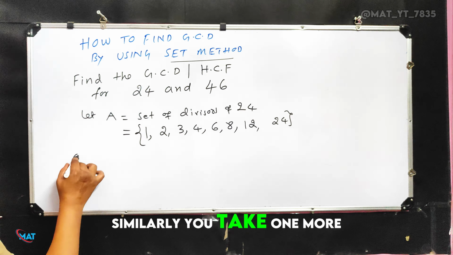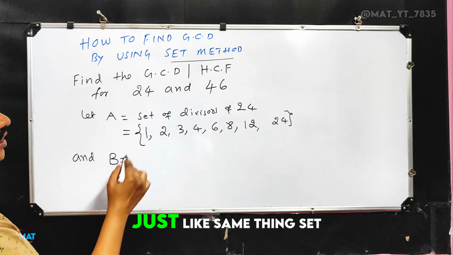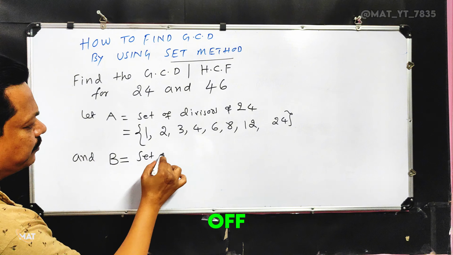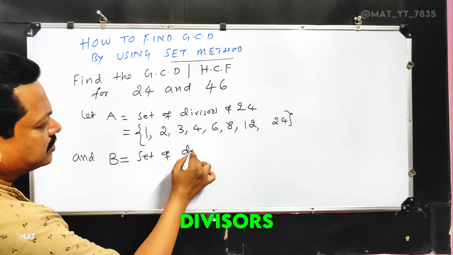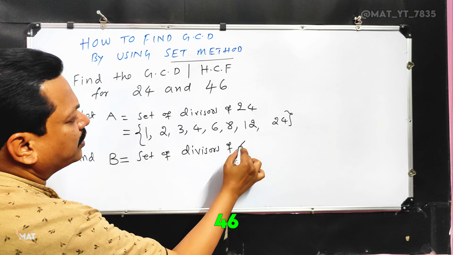Similarly, you take one more set, you name it B, the set of divisors of 46.